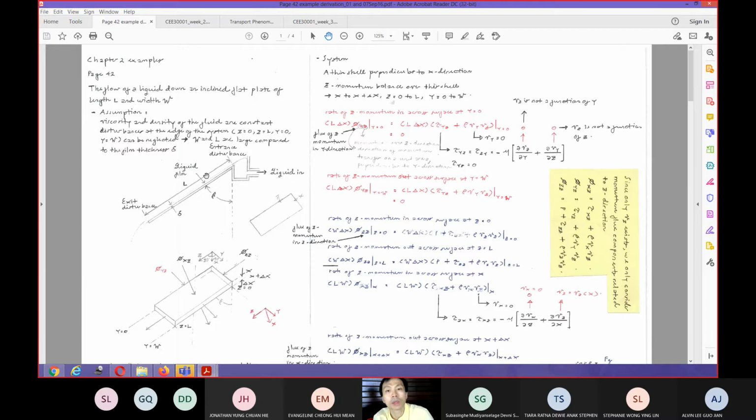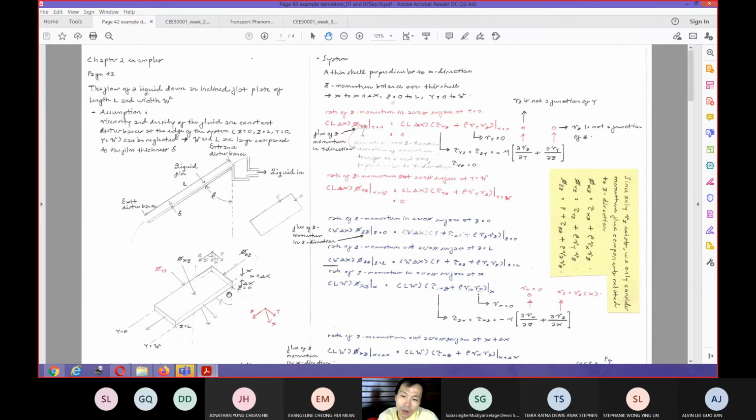I just want to go into the example in much more detail. Now, the flow of liquid down an inclined flat plate of length L and width W. So we make a mental picture that our system consists of this.